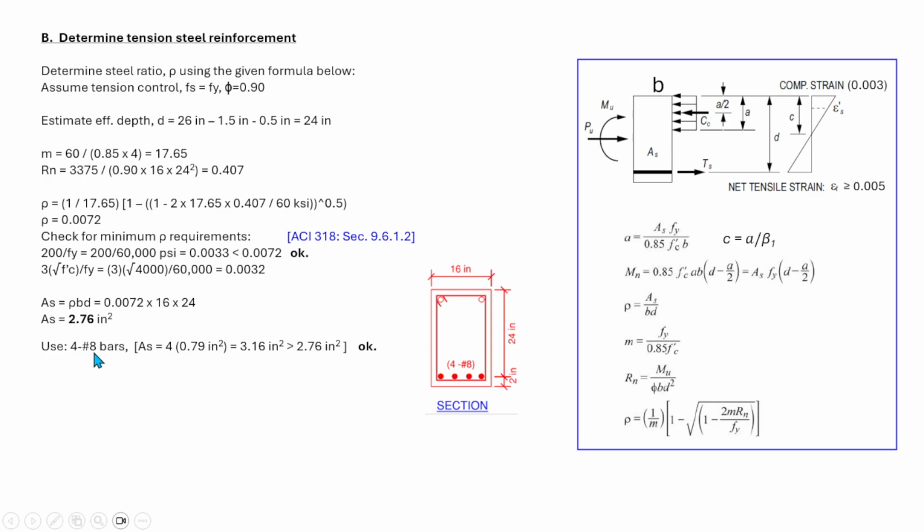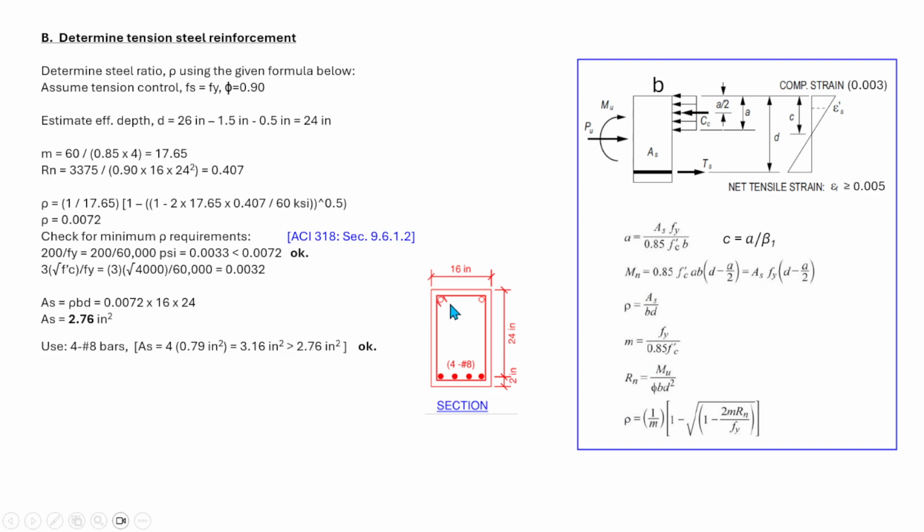If we use number 8 bars, 1 inch diameter, we need 4. So 4 times 0.79, the area of a number 8 bar is 0.79, and that is equal to 3.16 square inch, which is greater than the required reinforcement, 2.76 square inch.